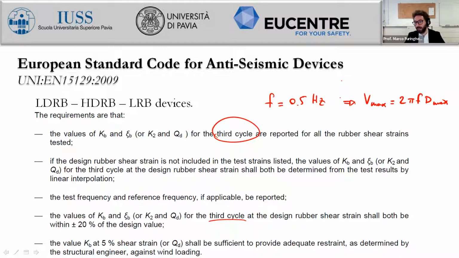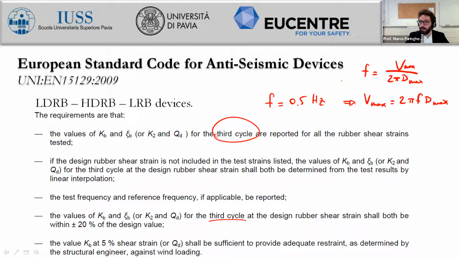And generally, according to the assumed waveform, we can compute the maximum velocity according to the maximum displacement and frequency, whereas in some tests, we are provided with the maximum velocity and we have to compute the frequency. But again, we can compute the velocity with this expression, or compute the frequency as the ratio between the maximum velocity and 2 pi times the maximum displacement.